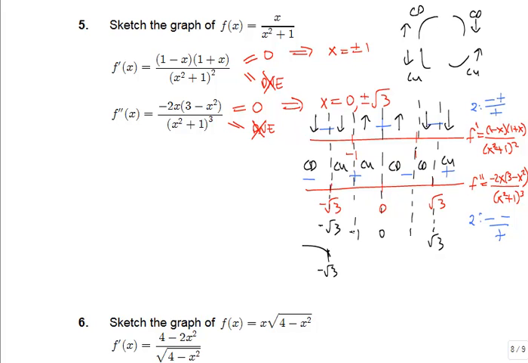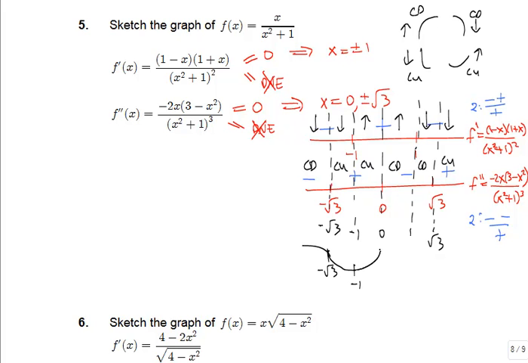Then between -√3 and -1, I want to be concave up, decreasing. So that is this shape right here. So we have a point of inflection right at -√3. Then between -1 and 0, I'm concave up increasing. So that's this shape right here.